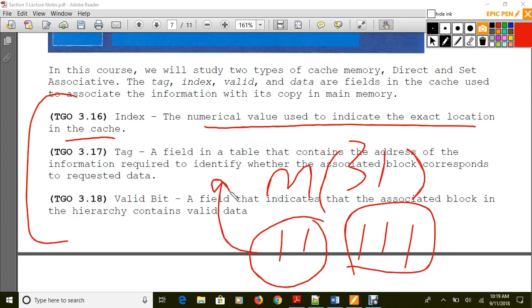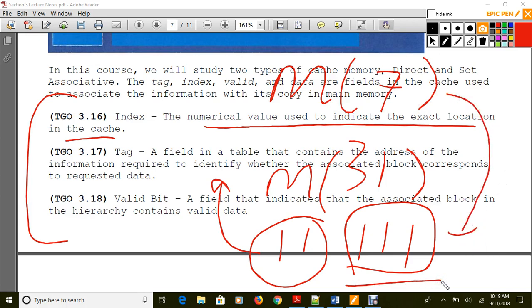So I can have 31 if I have 7, right? And I need to swap in 7. I would swap 7 in here to the specific index, and then the tag becomes 00. Does that make sense? So the tag would be its home.